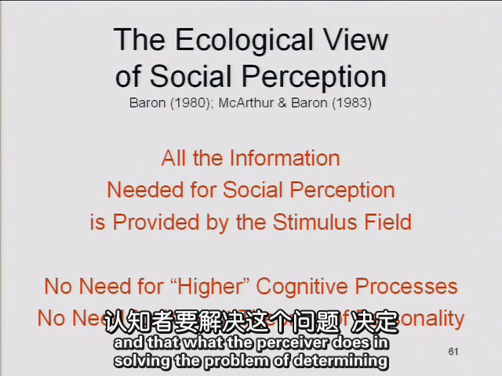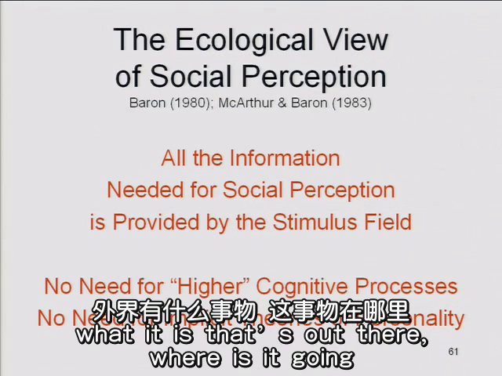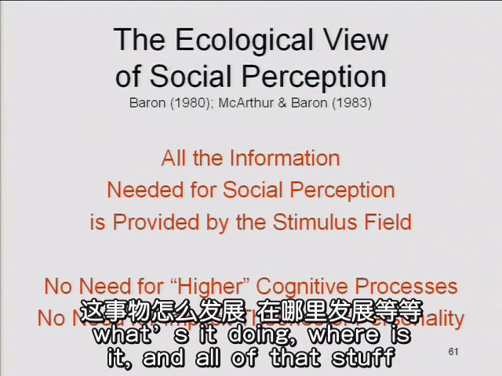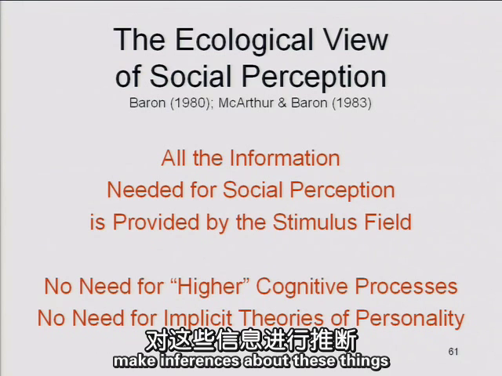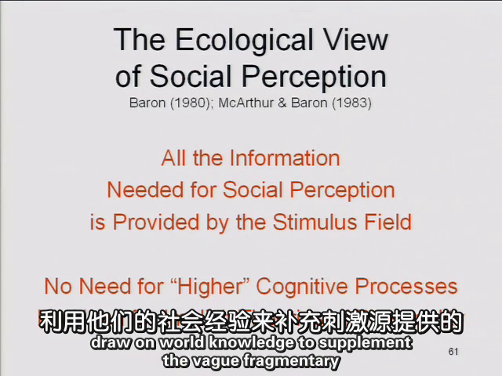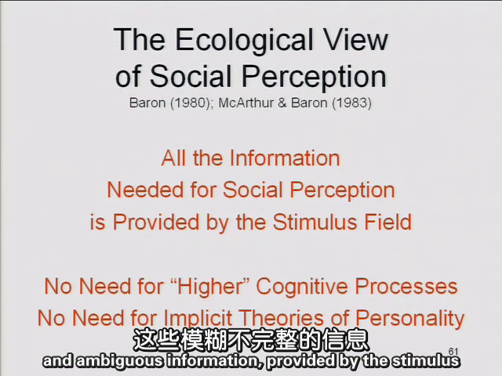In solving the problem of determining what it is that's out there, where is it going, what's it doing, where is it, the perceiver has to draw on inference, make inferences about these things, draw on world knowledge to supplement the vague, fragmentary, and ambiguous information provided by the stimulus.